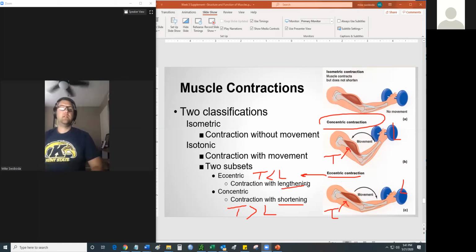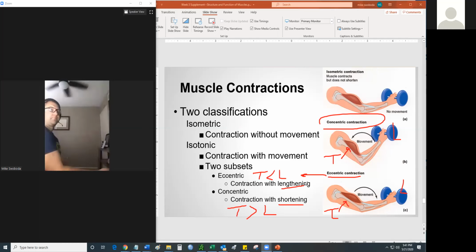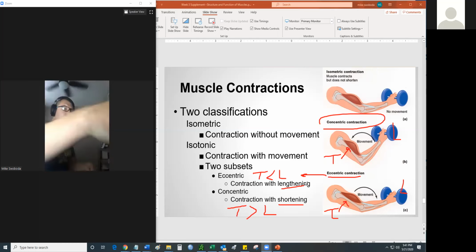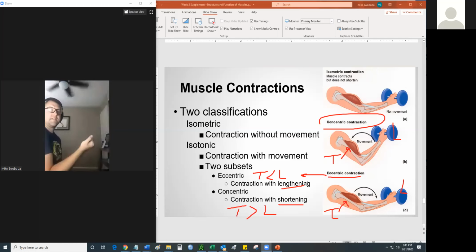So let's say I'm doing a bicep curl here. When I curl my arm, and let's imagine I'm holding something, so I'll take this goniometer here, we'll call this my dumbbell. When I have a concentric contraction, I am producing more force with my bicep than the load I'm lifting.